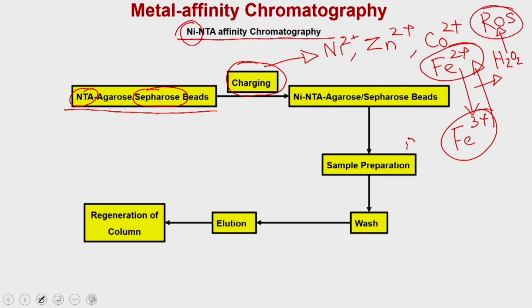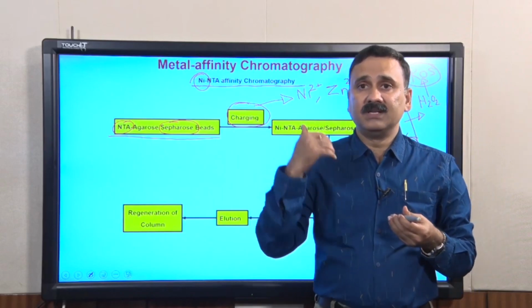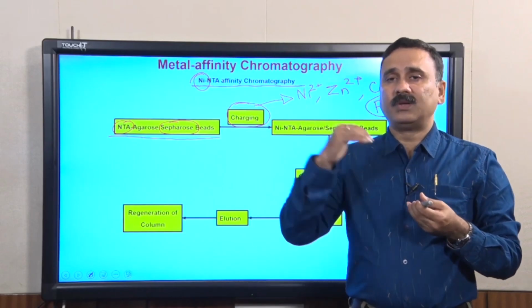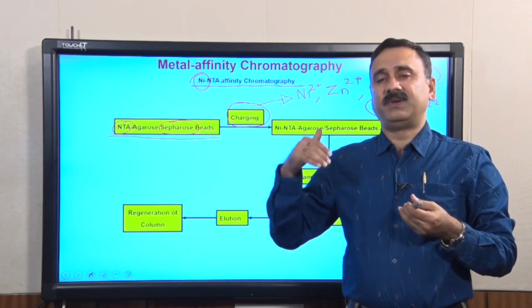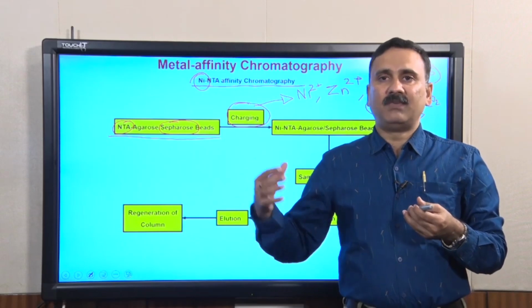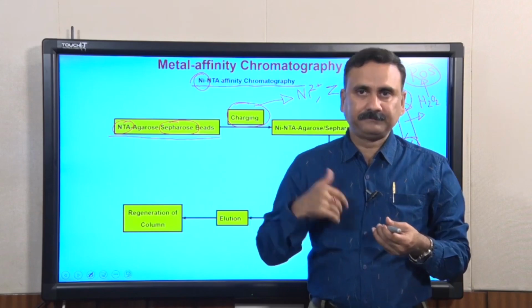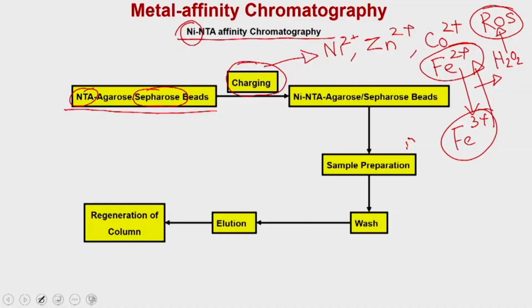These free radicals are generated within the column while you are doing the purification, and they are going to oxidize the amino acids present on your protein, damage some of these amino acids, and ultimately damage the protein as well. So, to avoid this, you have the flexibility of using nickel, zinc or cobalt, but not iron.